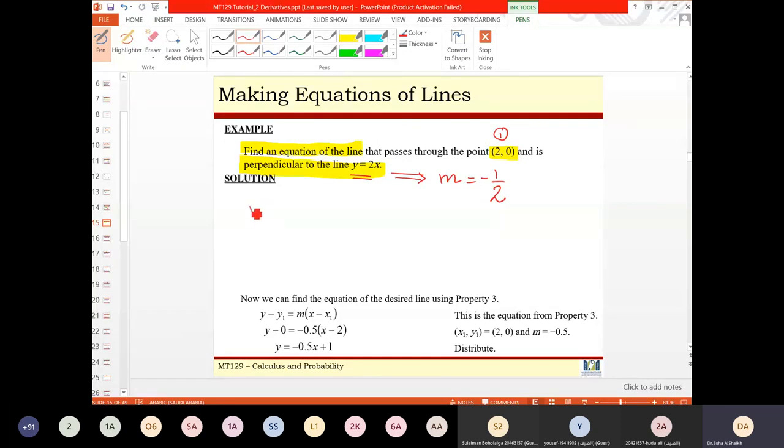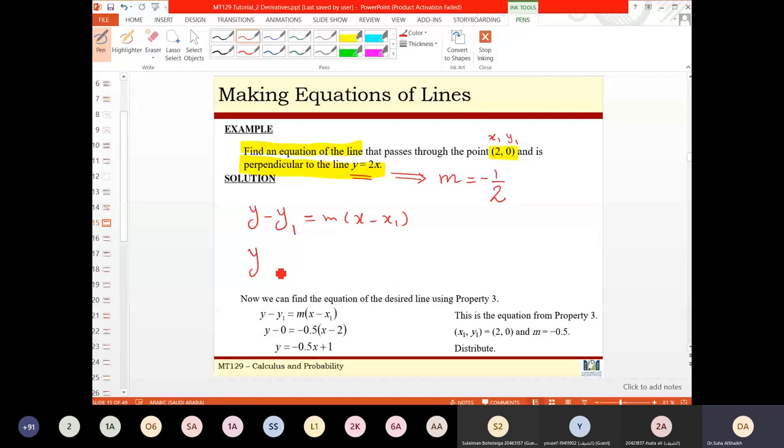So back to my equation. My equation is y minus y1 equal to m times (x minus x1). So you come to the point. This is your x1 and this is your y1. You have the m, you have the x1, you have the y1. Use them here.